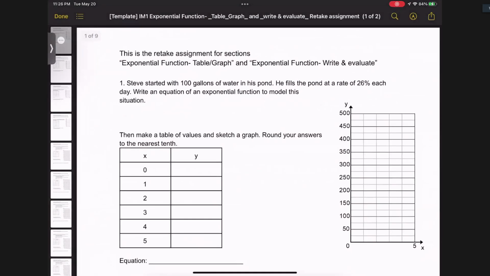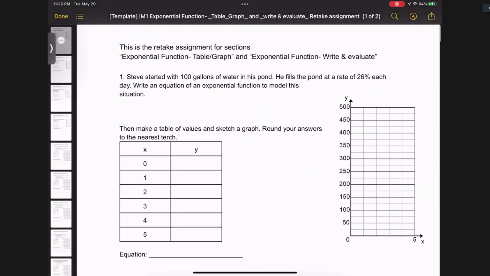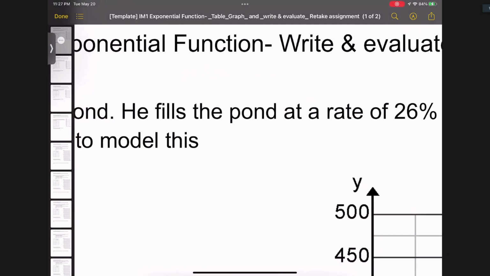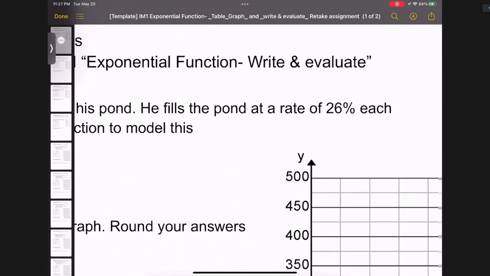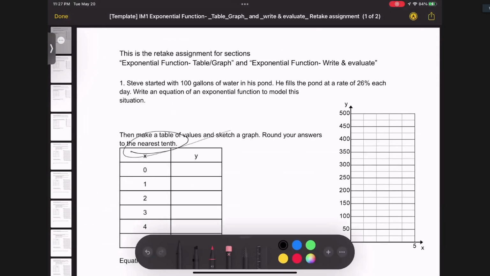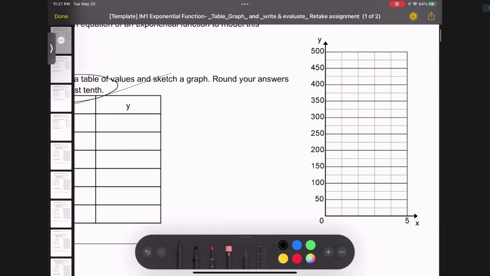Let's see. Okay, this one. So every single time you're always going to be doing something similar. It's either going to be a pond, some type of pool. Every single time it's going to be either filling up or emptying the pool by a certain rate. Just make sure that you round to the nearest tenth, like what it says in the problem. Sorry, I burped. Make sure you do your curve.